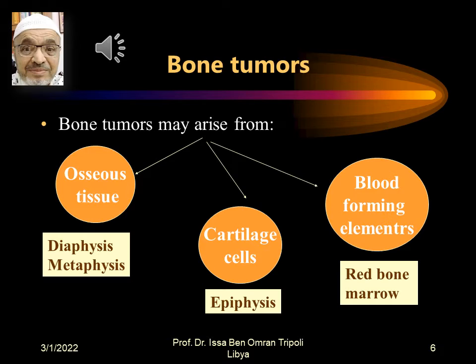The second one is the cartilage tissue or cartilage cell bone tumors. It means from the epiphysis, or from the bone marrow, means from the red bone marrow, blood forming elements.